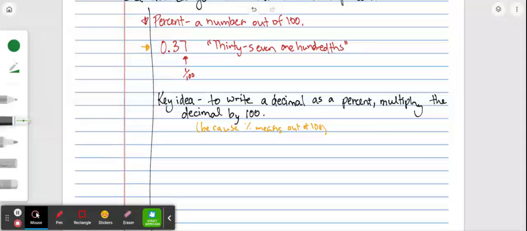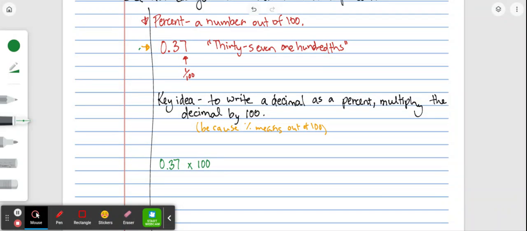Okay, so let's do some examples of this. If I have the number 0.37, just like I did up here, this is 37 hundredths, right? That's how I say it out loud. And since I know that a percent means out of 100, I'm going to multiply this by 100 to get back to the percent.